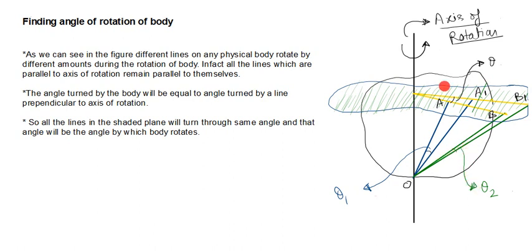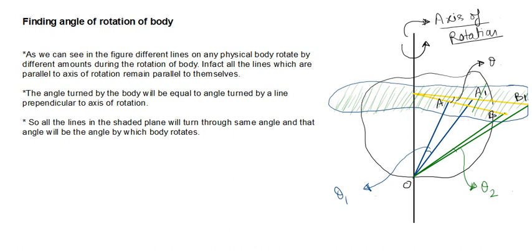Now the angle turned by the body will be equal to, okay, so as we can see in the figure, different lines on any physical body rotate by different amounts during rotation of the body, which I have explained here. In fact, all lines which are parallel to the axis of rotation remain parallel to themselves. So any line which is parallel to this axis of rotation, its net angle by which it will get rotated will be equal to 0.